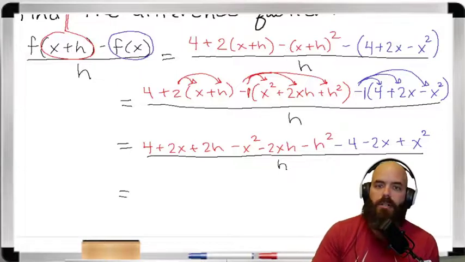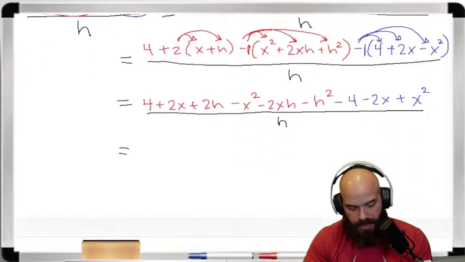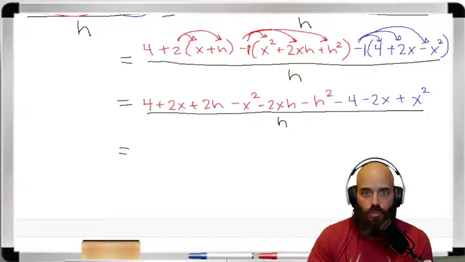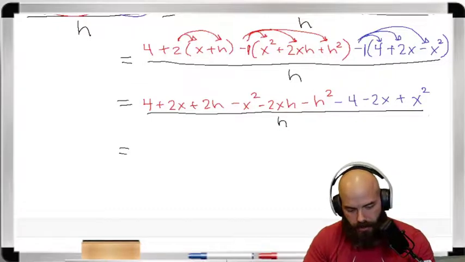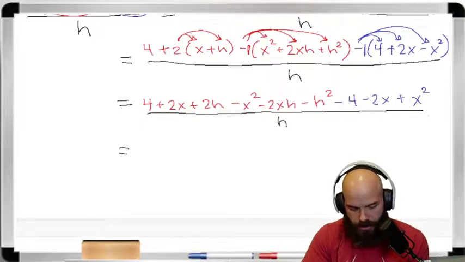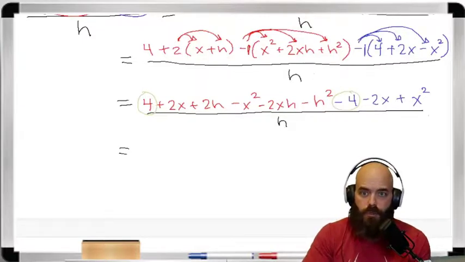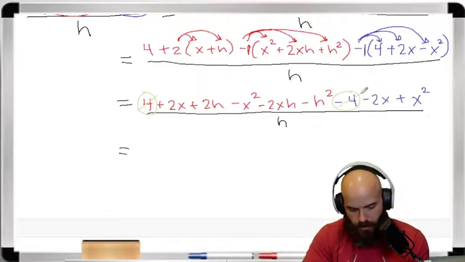All right, from here, what we'd like to do is if we see anything in common in the numerator, we want to try to reduce it. So let's see here. Let's use yellow. All right, what we notice is a positive 4 and -4. They will reduce down to 0.